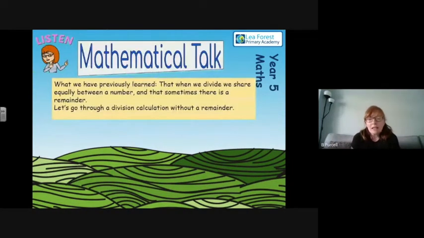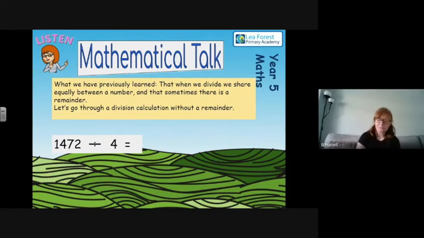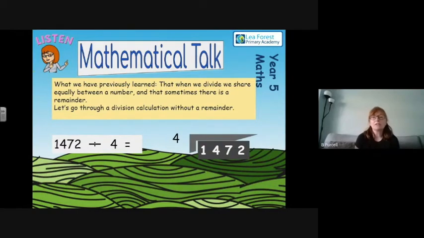We've previously learned that when we divide, we share equally between numbers, and that sometimes there is a remainder. So let's go through a division calculation without a remainder. They're usually the easy ones. I'm going to look at 1,472 divided by 4. I'm using the short division method, the bus shelter or bus stop method.